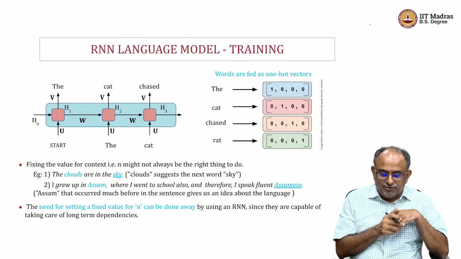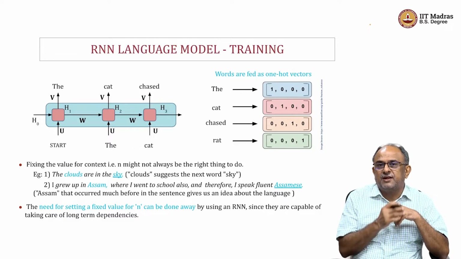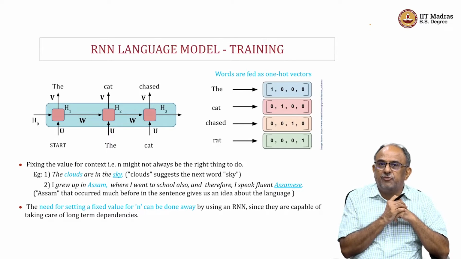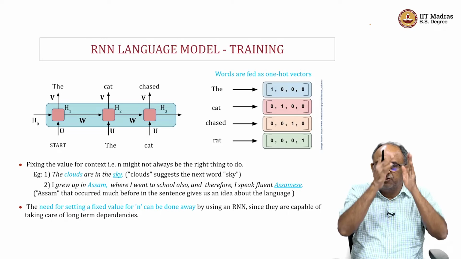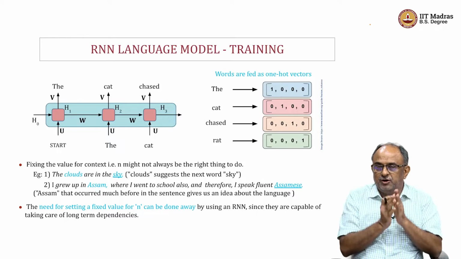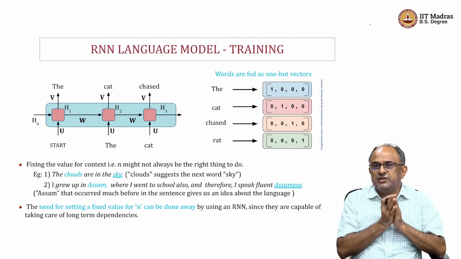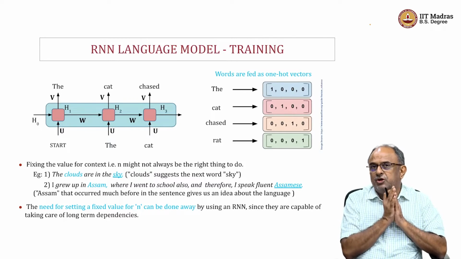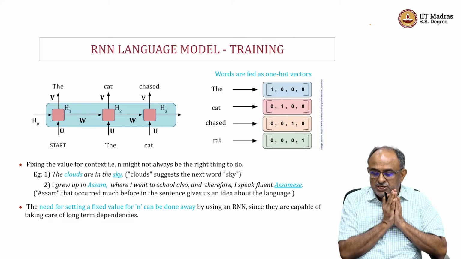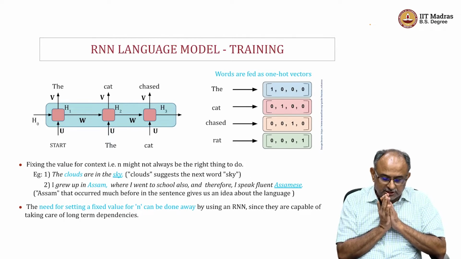Therefore, I have to change the word to some kind of vectorial representation, a vector of numbers, and similarly "cat" should be another vector, and so on. So how do we do this? That is what we are going to discuss today.